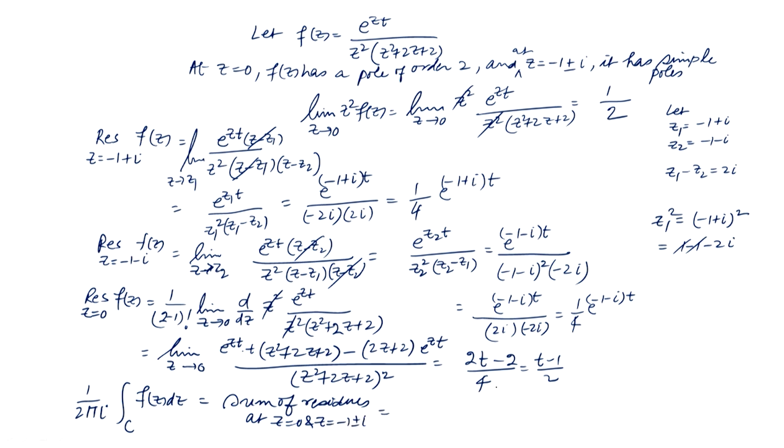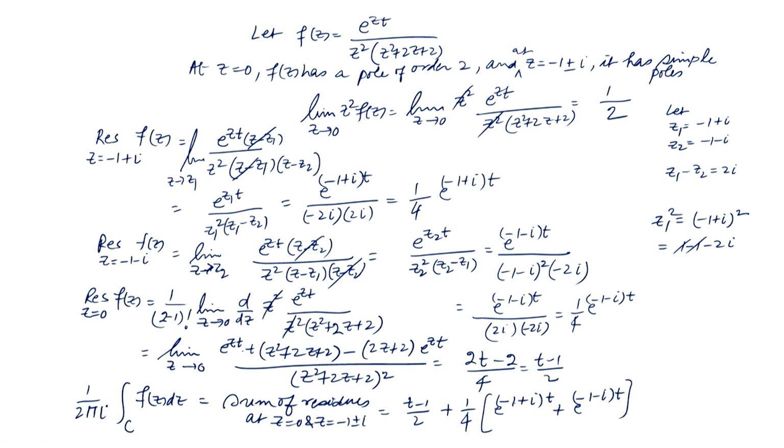So this is equal to t minus 1 by 2, and then we have 1 by 4 times e to the power (minus 1 plus i) t plus e to the power (minus 1 minus i) t.